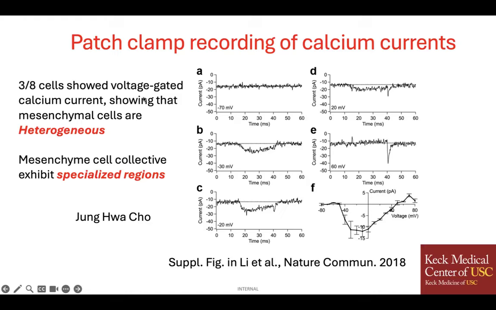About 30% of them had this voltage-gated calcium channel. About 30% of them had I CRAC with no voltage-gated calcium channel. And then about 30% had both. And then there was another group of cells, some of which had no voltage-gated or I CRAC calcium current. So there are at least 4 distinct populations among the mesenchymal cells.